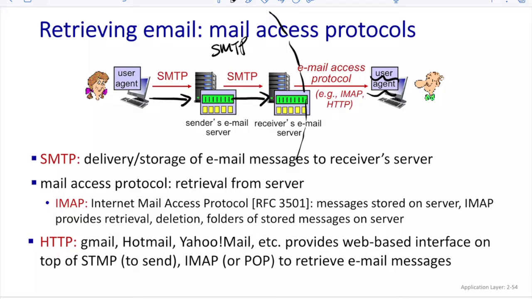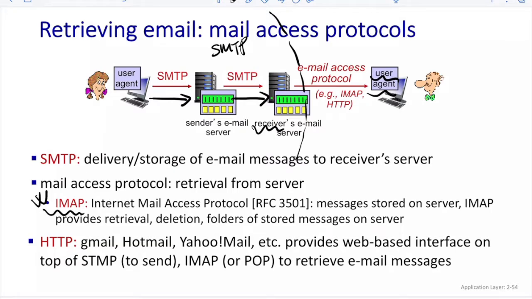But as I mentioned before, your user agent may not be online. You may turn off your PC, you may turn off your cell phone. So if the receiver's email server tries to push the email, but the user agent is not online, then the mail will not be delivered. So we have another protocol, which is IMAP.